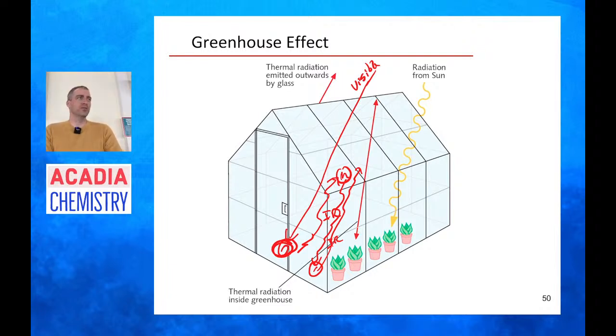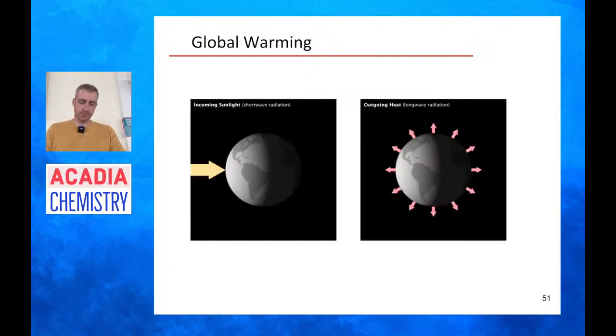Sure, we might get a month or two in the summer where it's on average warmer than plus 20, but we would lose a lot of the in-between months as well. So this is really good. It makes our life much more livable than it might be otherwise. All right.